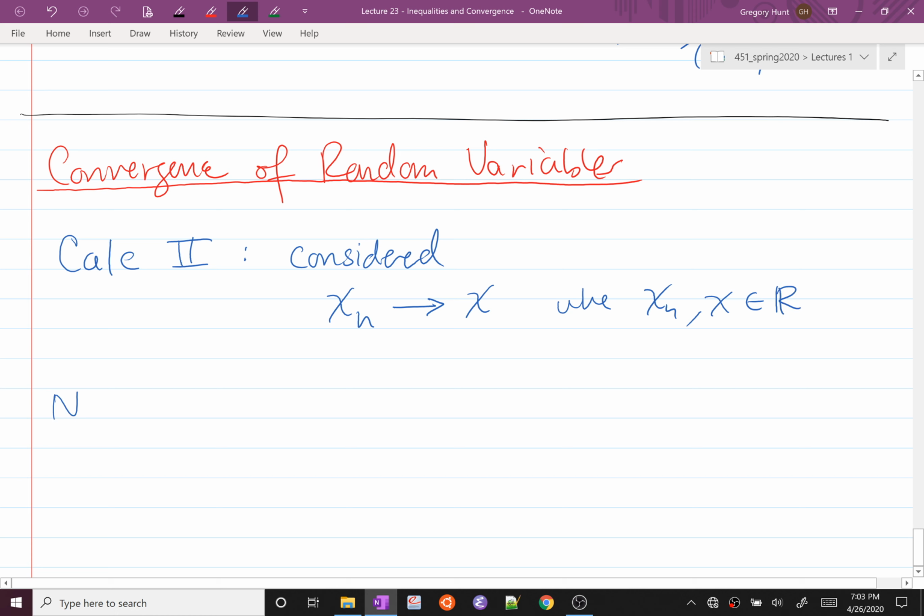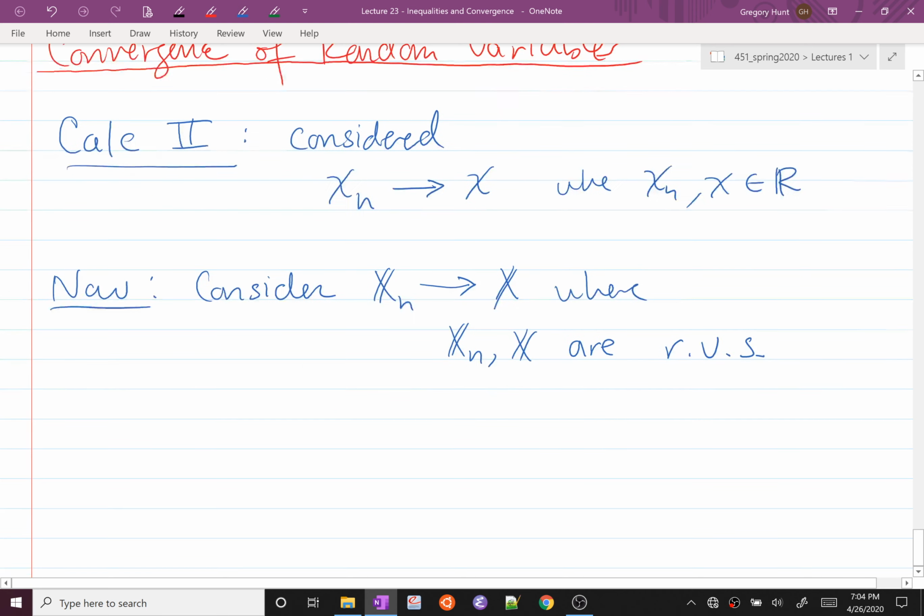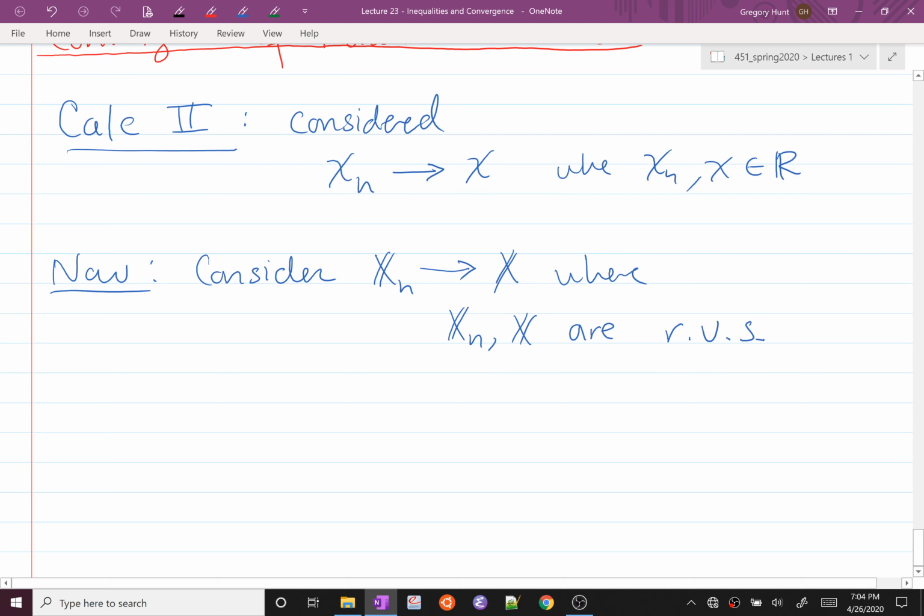And now we're going to play this same game, but we're going to consider x_n converging to some x, where the x_n and the x are random variables. So that's going to be the topic.